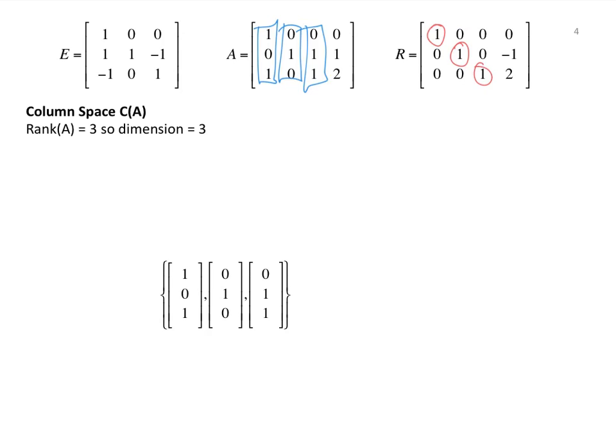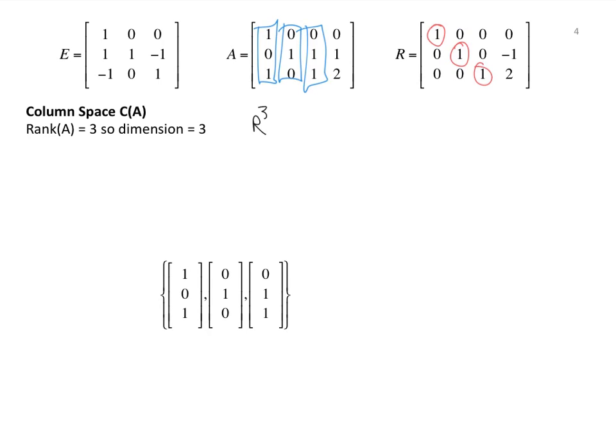Now, if you were super clever, which you all are, you would have also noticed that the dimension of this thing is 3, and that is the dimension of the space that this is sitting within. So your column space is sitting in R to the 3. This matrix was a 3 by 4, and therefore the column space is going to be size 3.